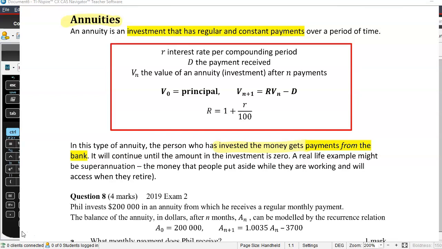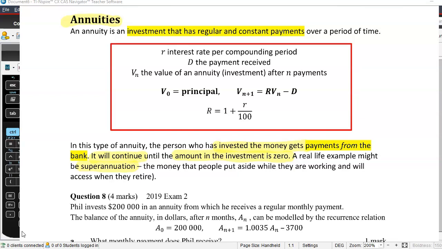So the annuity will continue until the amount in the investment is zero, until there's nothing left. So an example of this might be superannuation. Those of you who've got part-time jobs probably know a little bit about superannuation.